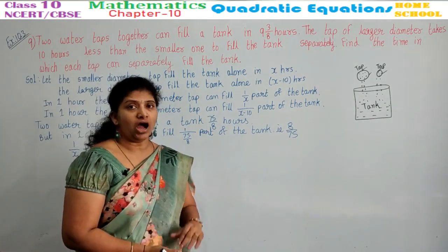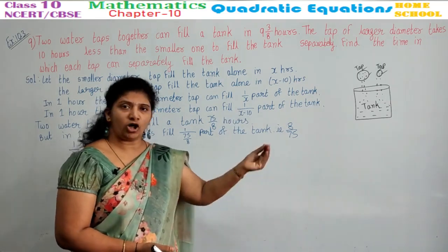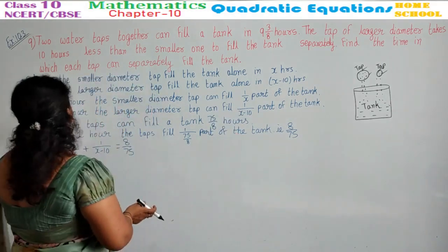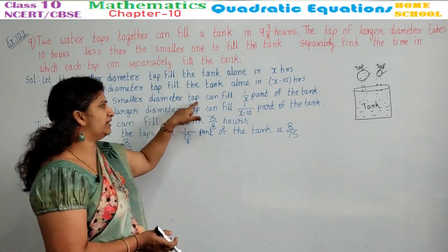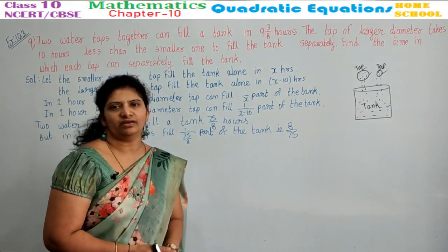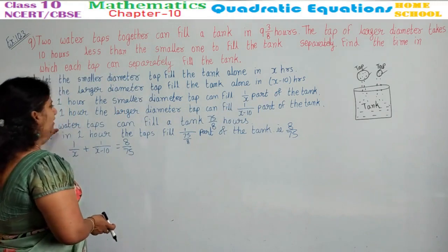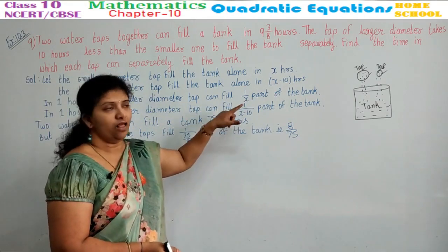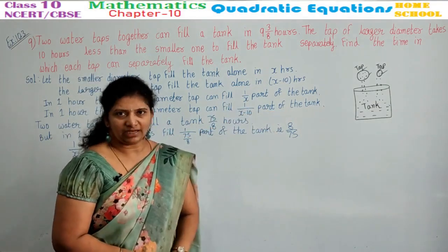In 1 hour, how much of the tank is filled by the smaller diameter tap and the larger diameter tap? In 1 hour, the smaller diameter tap can fill 1/x part of the tank. Then what about the larger diameter? In 1 hour, the larger diameter tap can fill 1/(x minus 10) part of the tank.